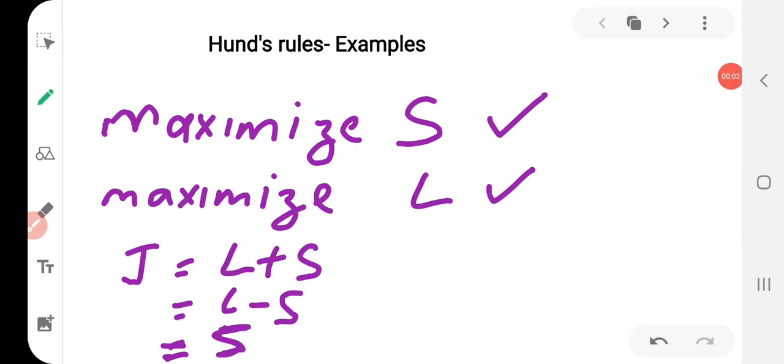Hello everyone. In this session we will consider some examples, to find the ground state configuration of magnetic ions by applying Hund's rules.